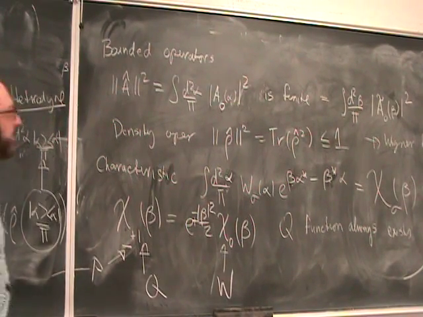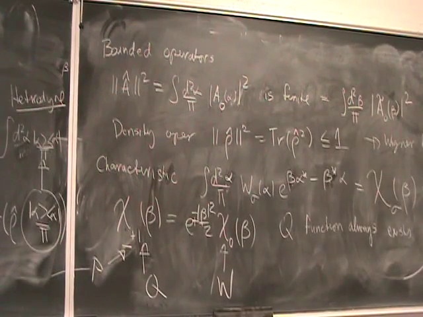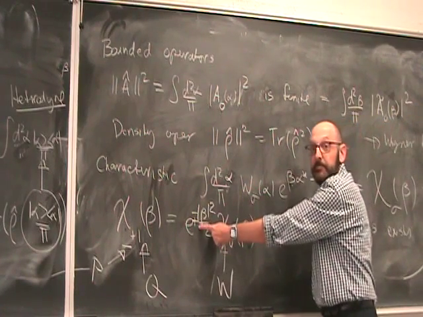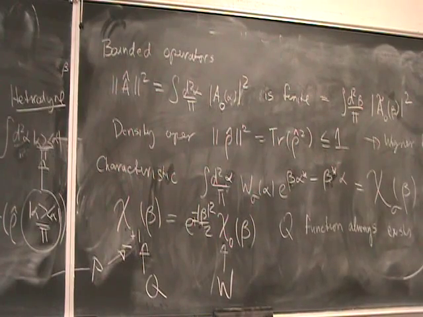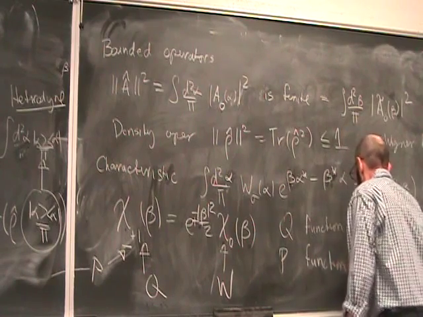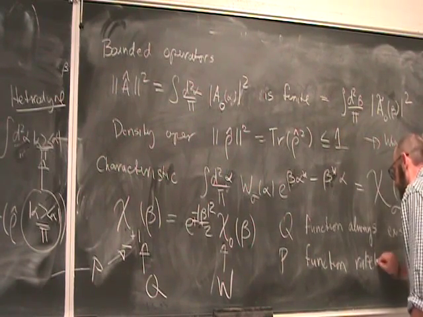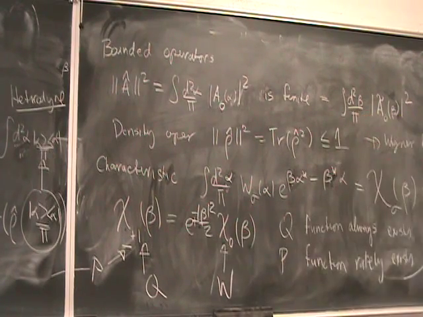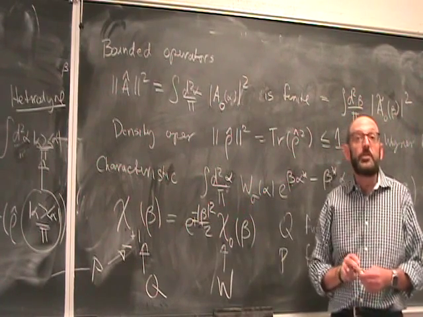And for that case, what we see is that in order for this integral to be bounded, this thing has to fall off extremely rapidly, which means that the anti-normally ordered case, the P function, rarely exists. It's only the case when the Wigner characteristic function falls off at least as fast as a Gaussian that this is true.